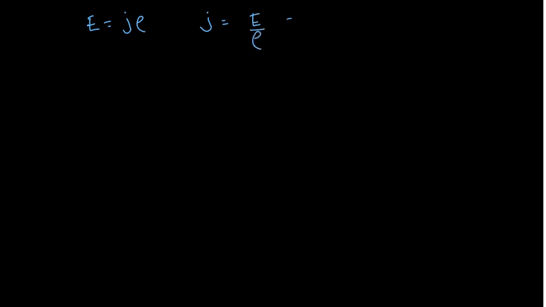That's equal to 1 by rho into E. And this 1 by rho is replaced and put as sigma, so J is equal to sigma E. Sigma is the opposite of the resistivity. This is called the conductivity.